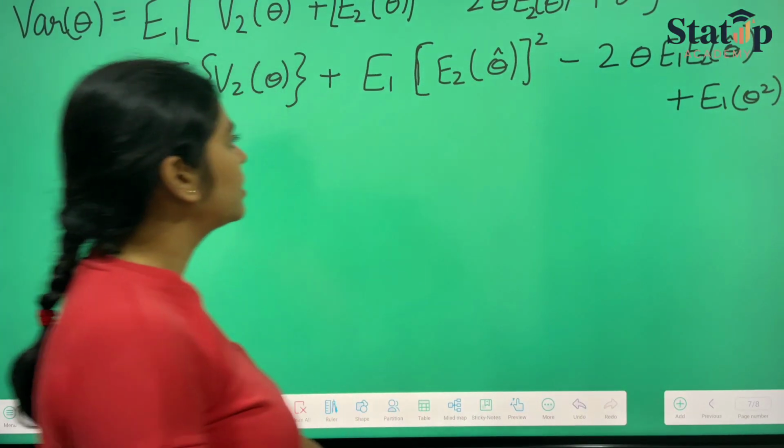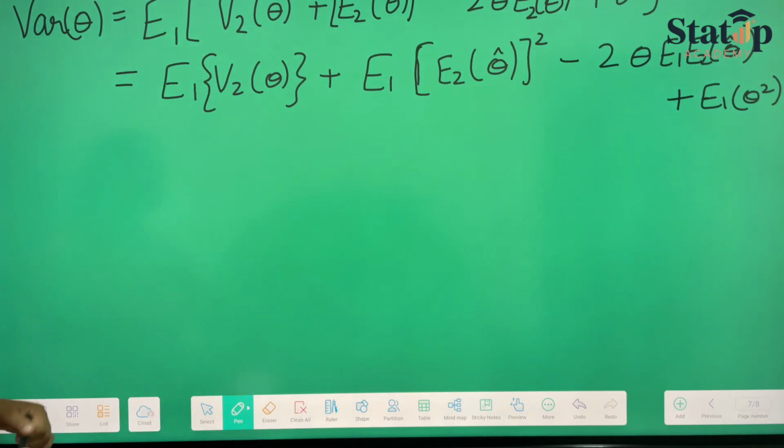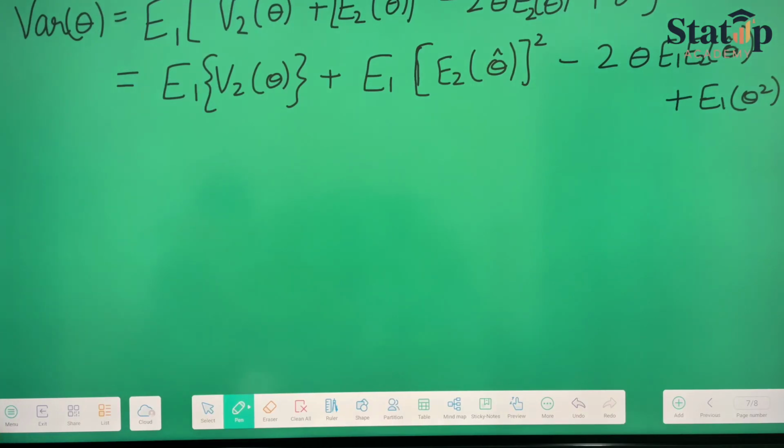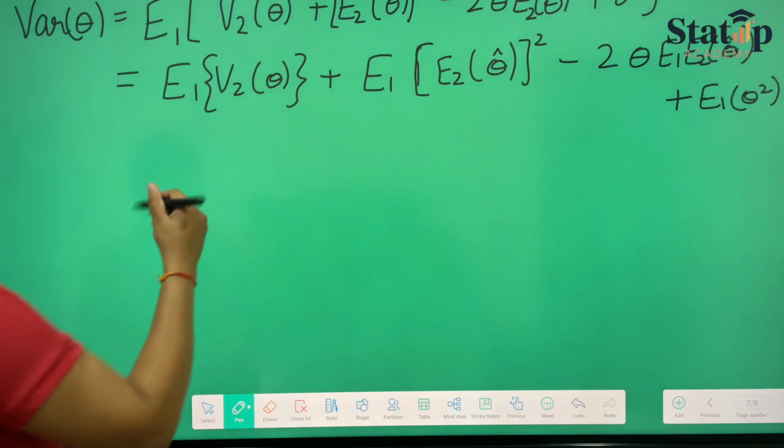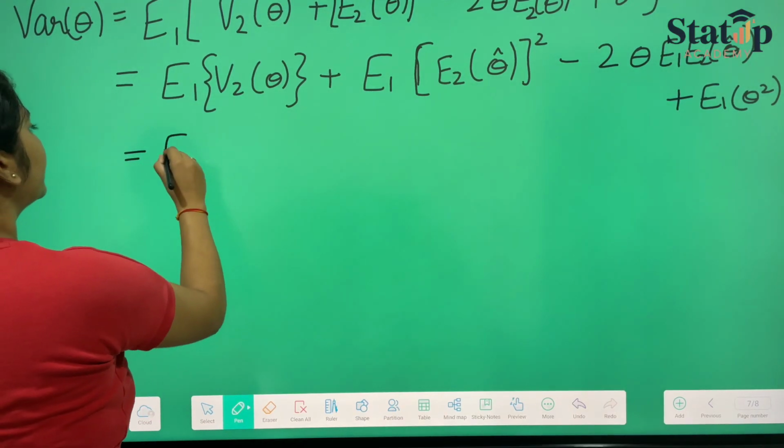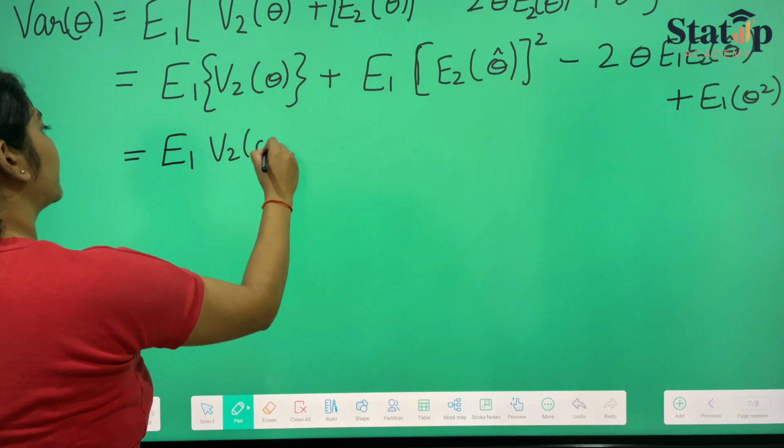We've taken this. So now opening the bracket, we will get E1 V2 theta cap.